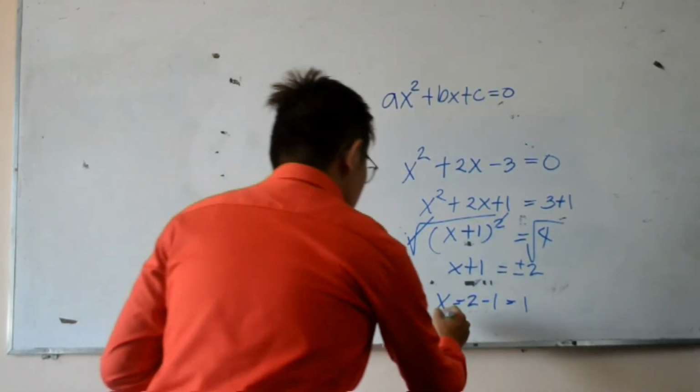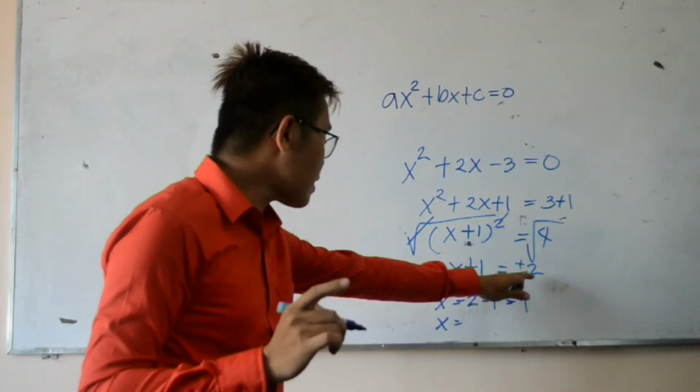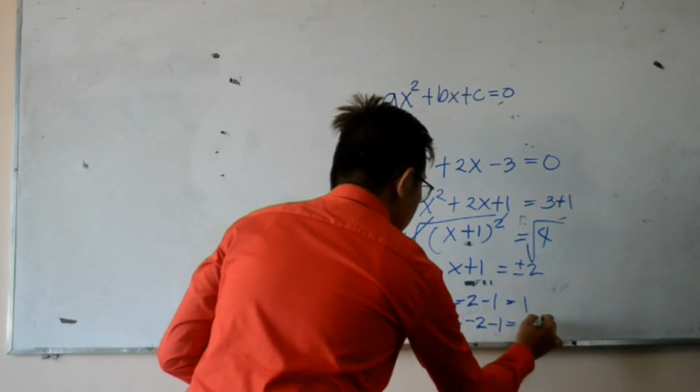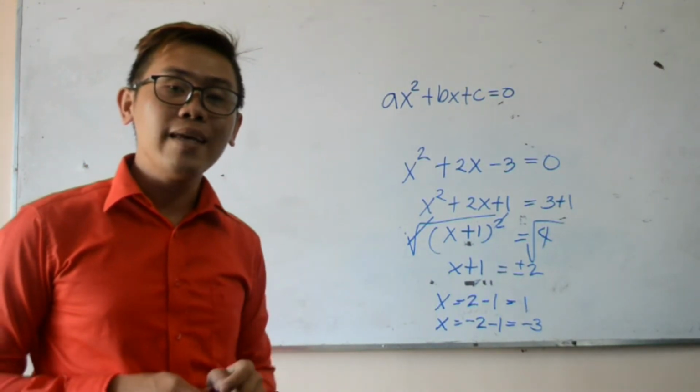And next, we are going to find the value of x taking negative 2. So we have negative 2 minus 1 is equal to negative 3. So we have two values for x, 1 and negative 3.